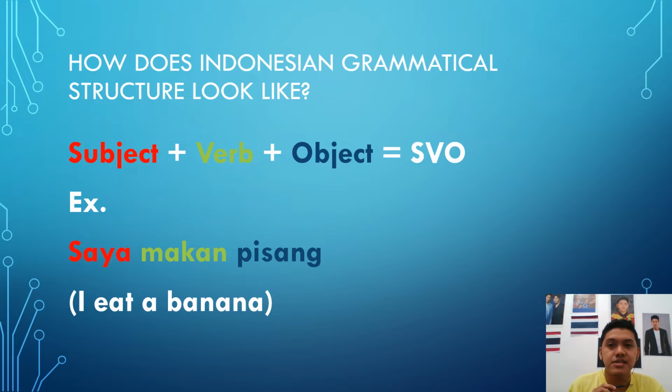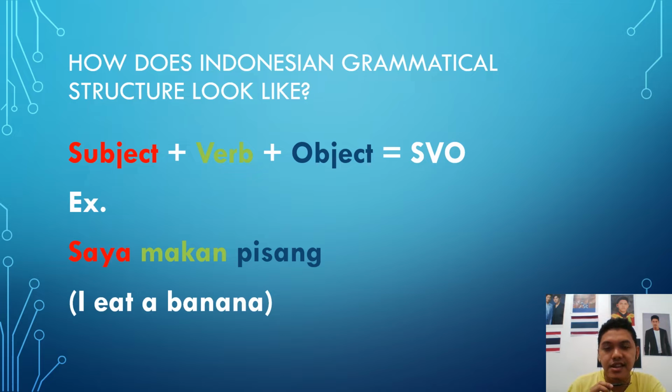So now, how does Indonesian grammatical structure look like? Indonesian grammar follows SVO, in which the subject is first, the second is the verb, plus the object, equals SVO.